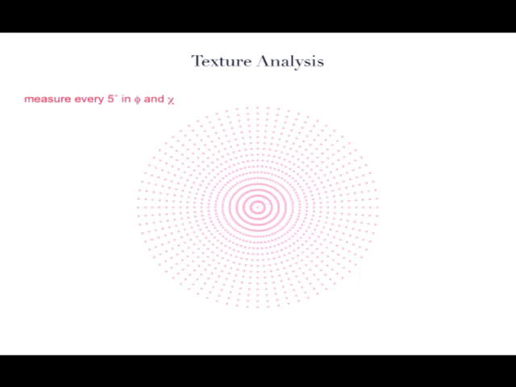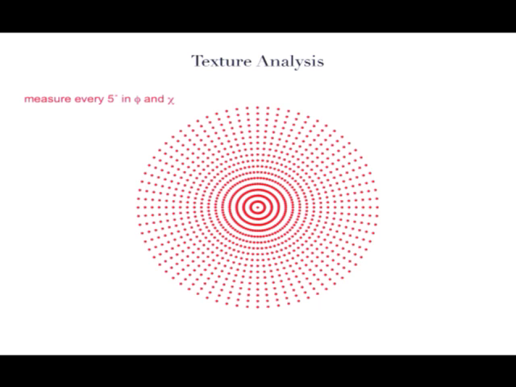They only accepted 5-degree steps, and that's what you get. You get a polar plot of your orientations along chi and phi rotation. So this dot would correspond to an orientation for 35 degrees phi and chi at 50 degrees.